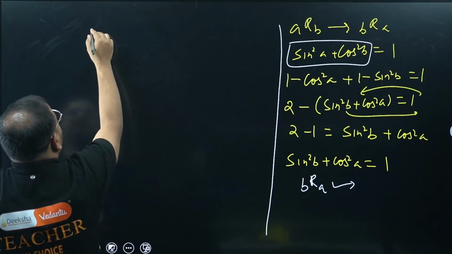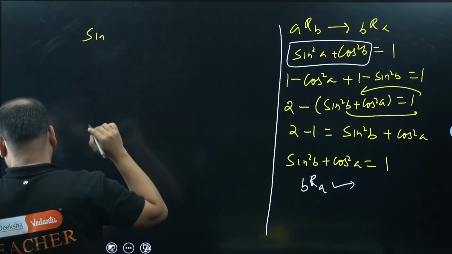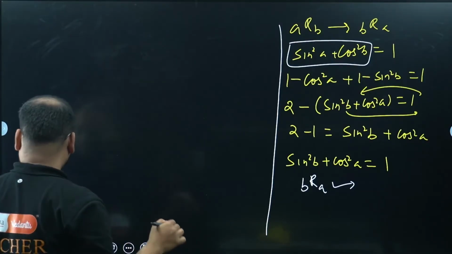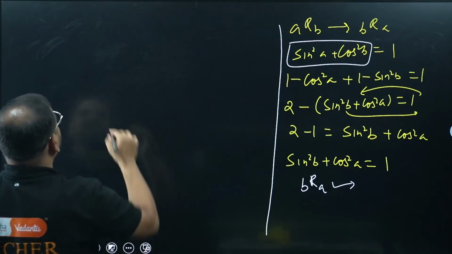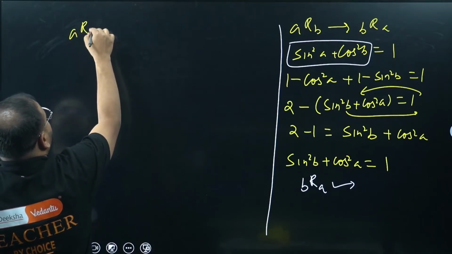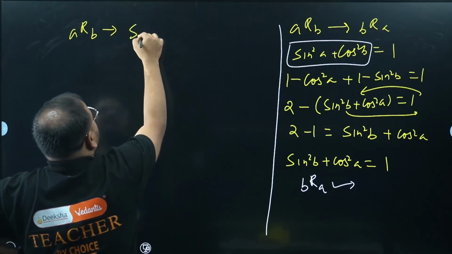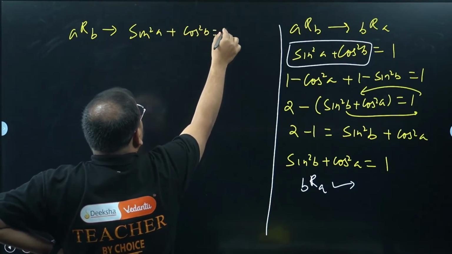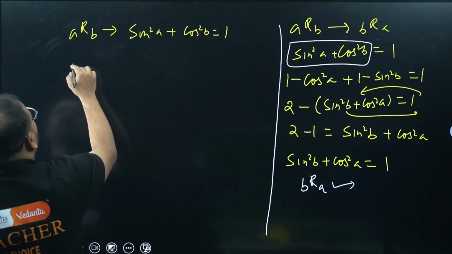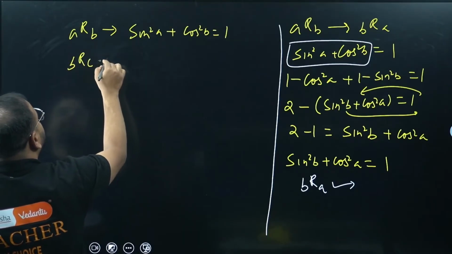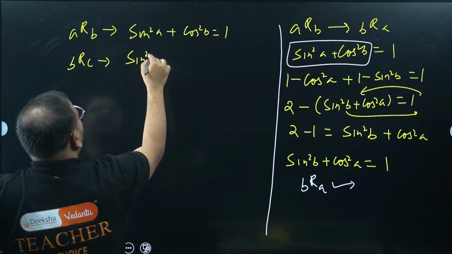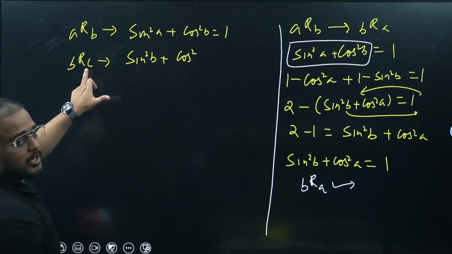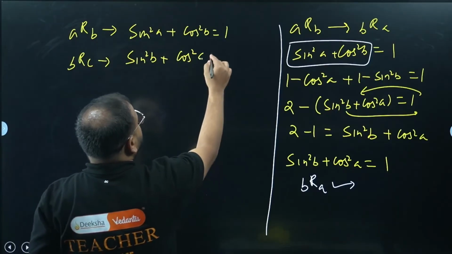ARB can be written as sin square A plus cos square B equals 1. What about BRC? Sin square B plus cos square C equals 1.